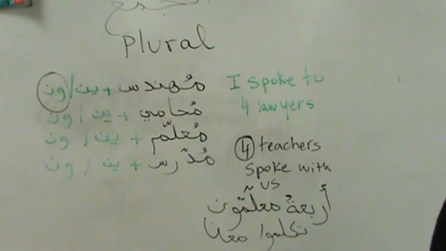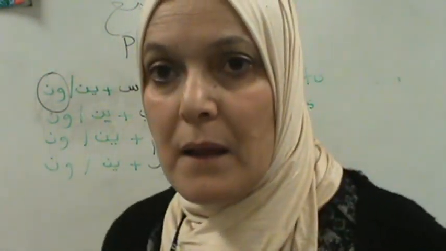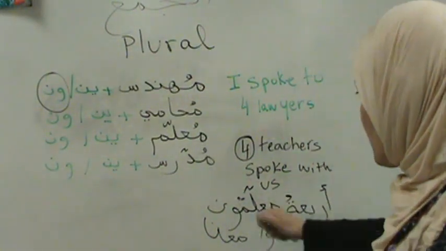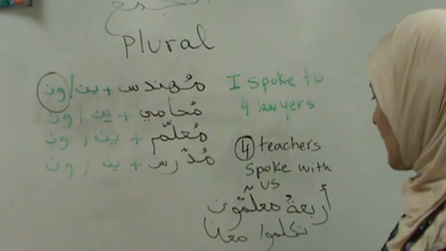If you want to start with the verb, say تكلم 4 معلمون. It depends, okay? So that's 4 معلمون تكلموا معنا.